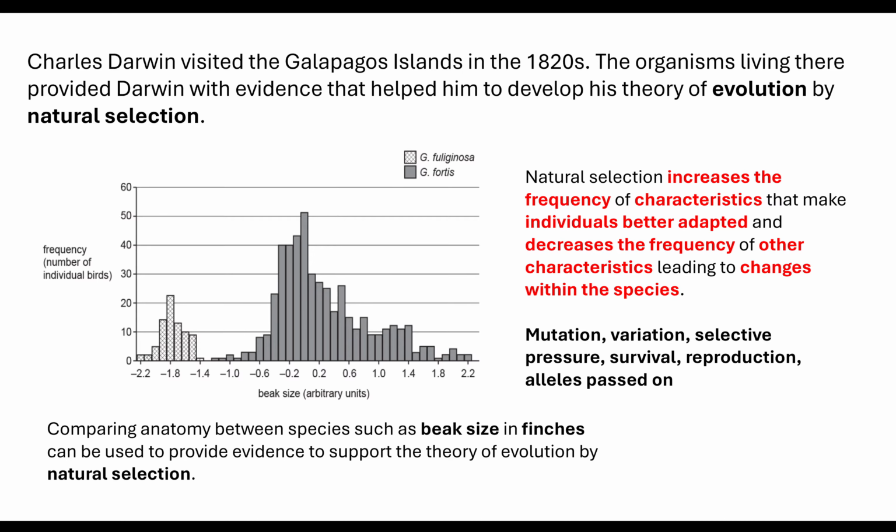There is some form of selective pressure, whether that be the food sources that are available, competitors, predators, disease, whatever that selective pressure is. Those that are better adapted are going to survive. Because they survive, they can reproduce, and those alleles with those characteristics will be passed on.